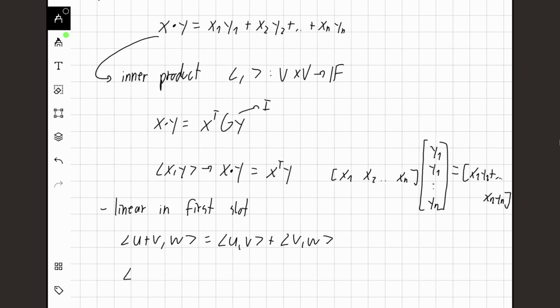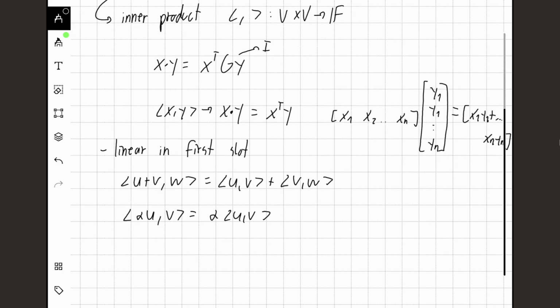And also, if we have a scalar, just a number, alpha u, the dot product with v, well, I can take this scalar out. This can just be a number like 5, 6, 7. I can have alpha times the inner product of u and v. That is what it means that it's linear in the first slot, and it's going to be semi-linear, or conjugate linear, in the second slot.